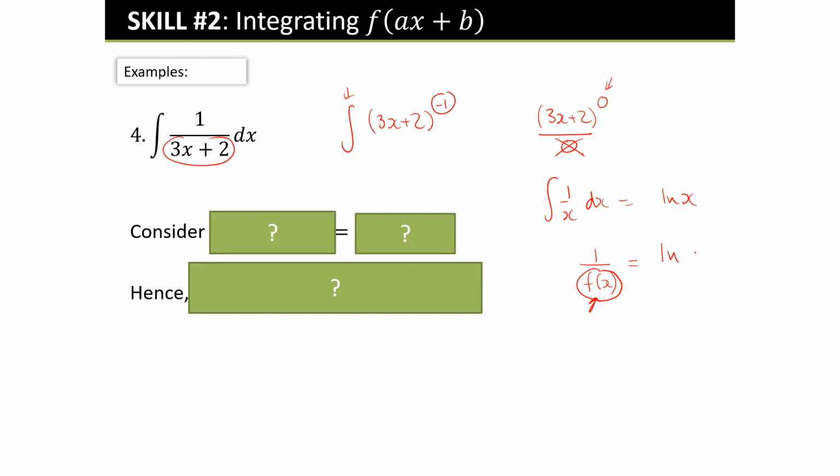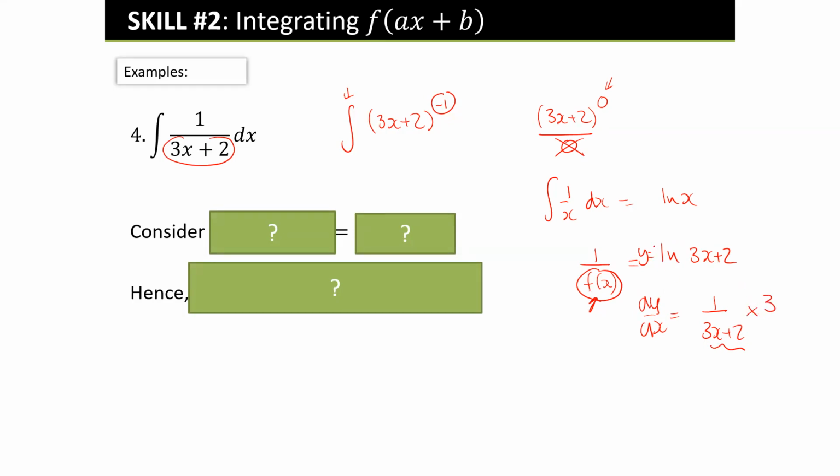So if I write the ln of 3x plus 2, and then differentiate that, if y is equal to that, then dy by dx will equal 1 over 3x plus 2, but because I've left alone the inside, I would be timesing by 3.